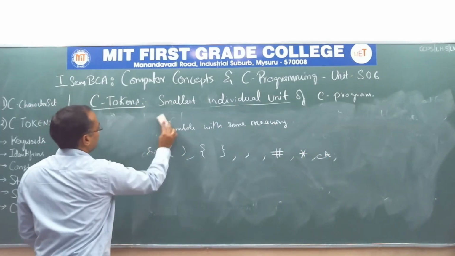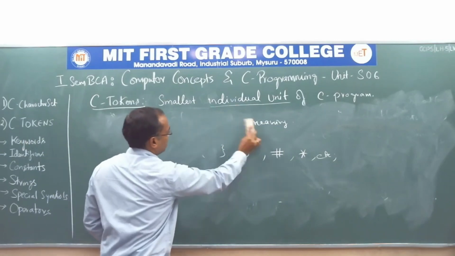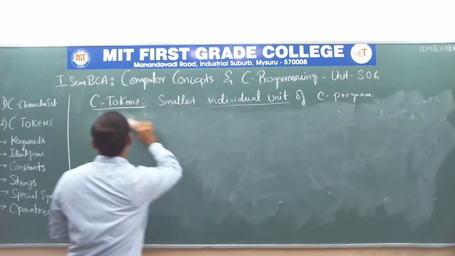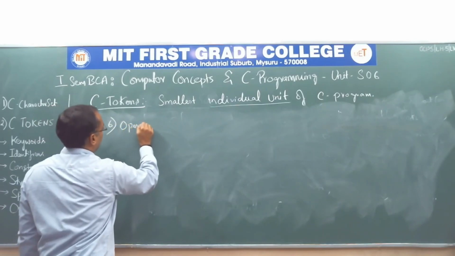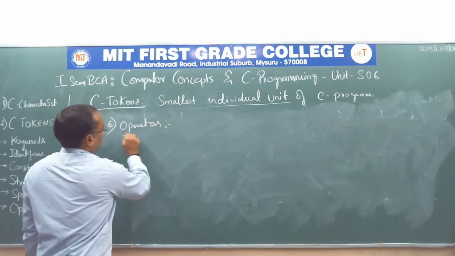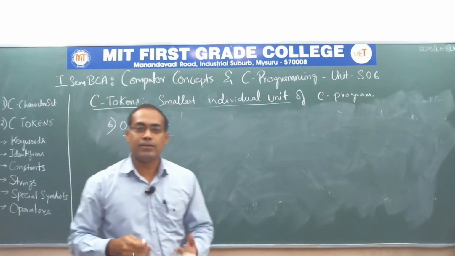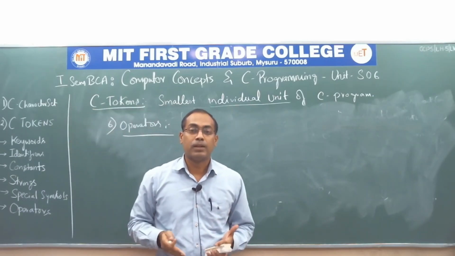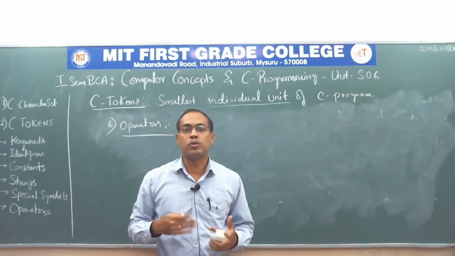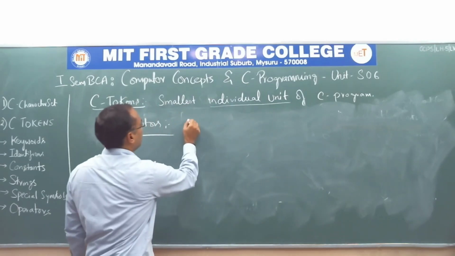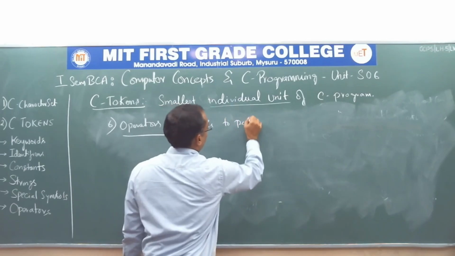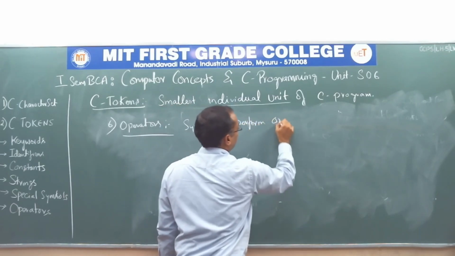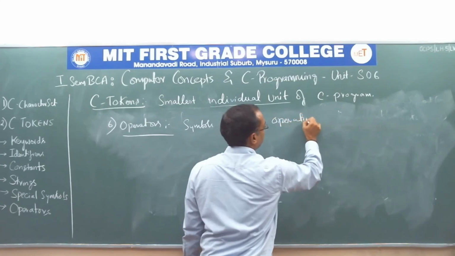Now we are going to see the last one, that is operators. Again, an operator is also a kind of symbol, but these symbols are used to perform operations. What kind of operations?